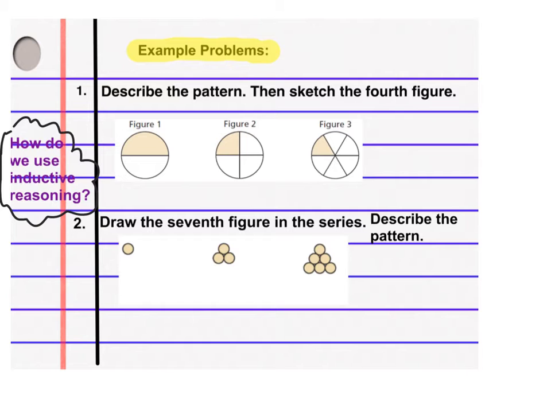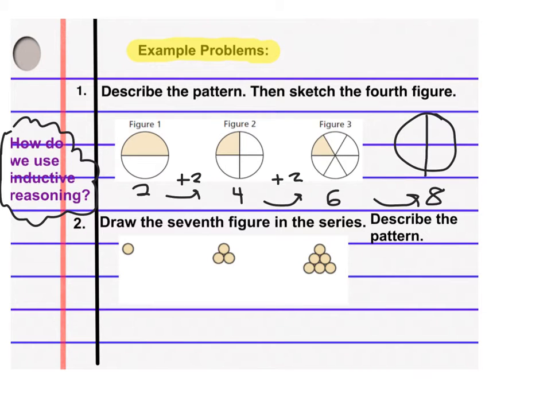We have a circle broken into 2 parts with 1 shaded. Here we have a circle broken into 4 parts with 1 shaded. Here we have a circle broken into 6 parts with 1 part shaded. I notice that it's adding 2 sections to my circle each time. So for the fourth one, let's make a circle that's broken into 8 parts, and then shade the top left spot, 1 spot.